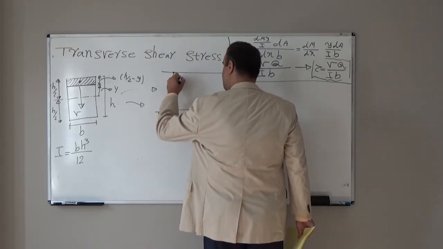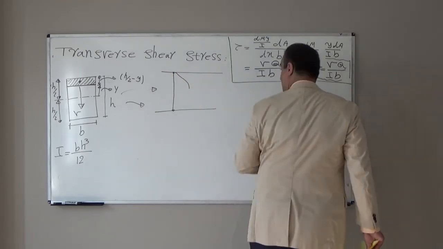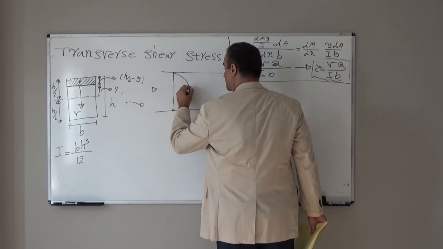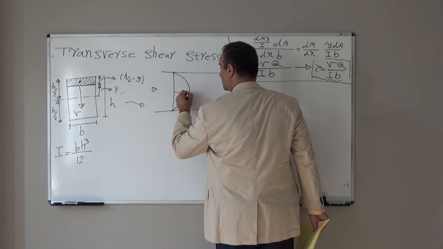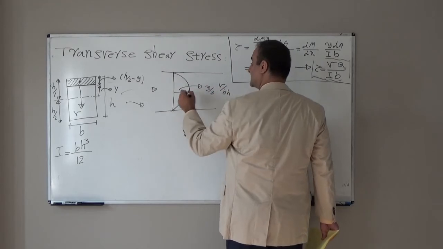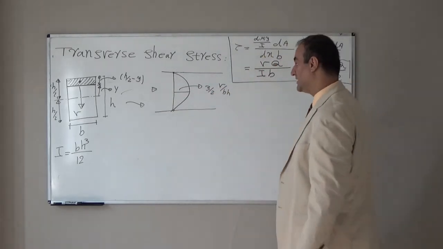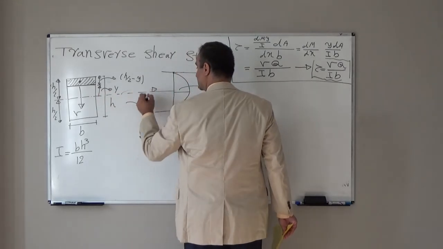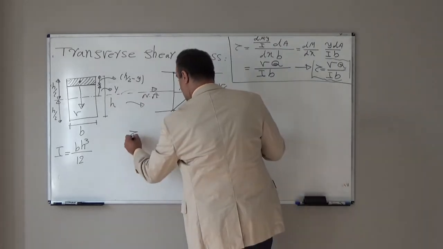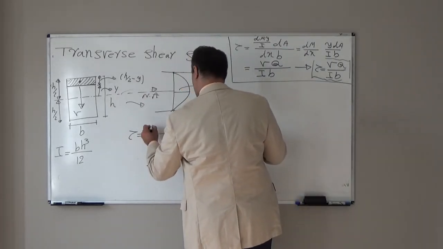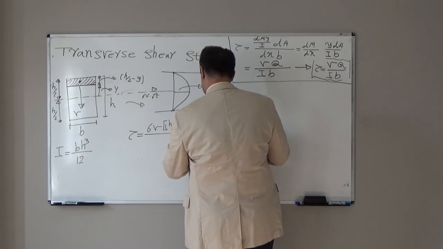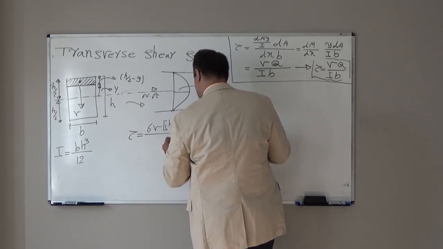From 0, it will increase to the maximum value. The maximum value will be 3 over 2 V over BH, and it will take place at the neutral axis location. The distribution formula is a parabola, 6V times H over 2 squared minus y squared over B H cubed.